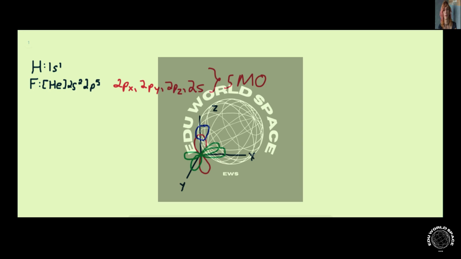These are called non-bonding orbitals. Sketch the energy level diagram for HF using this information and calculate the bond order. So here's our H orbital, here's our P, here's our fluorine orbital.